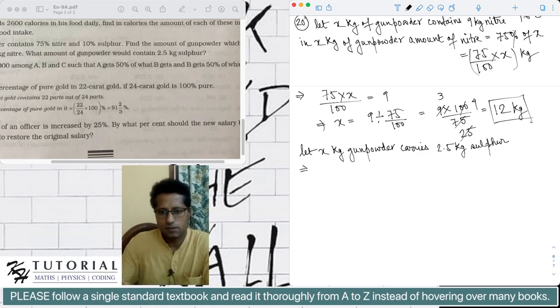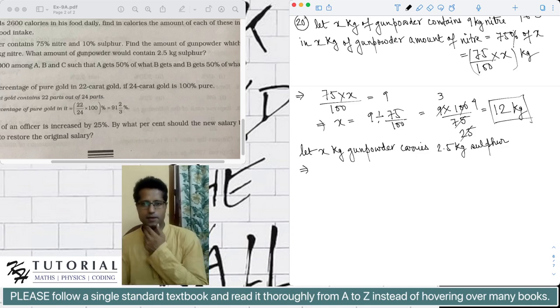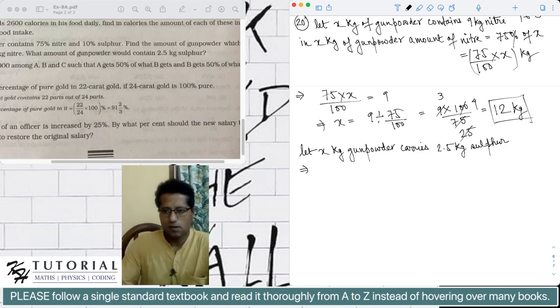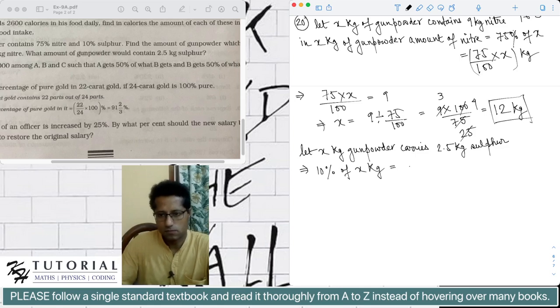This implies that based on the percentage, gunpowder contains 10% of sulfur. So we can say that 10% of x kg is equal to 2.5 kg.